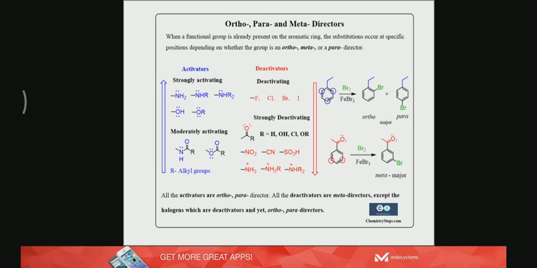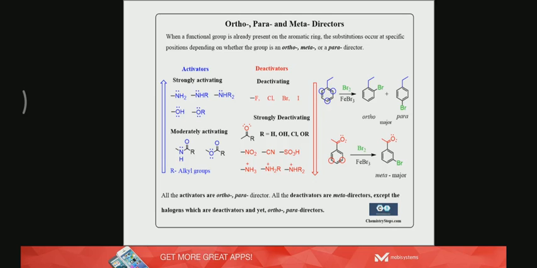Some are strongly deactivating. So here activating groups means these groups supply or donate electrons to the ring, so that the benzene ring becomes more electron rich, so that it becomes more susceptible to electrophilic attack.